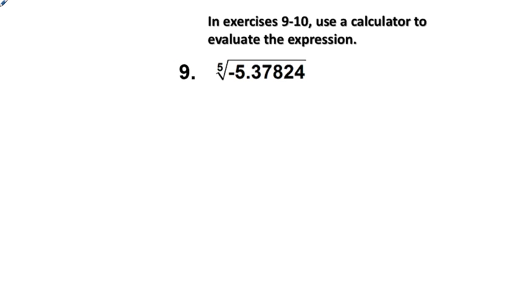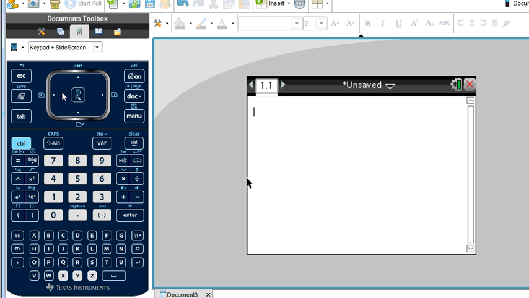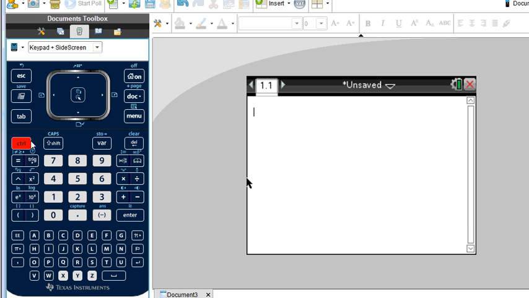Next, in exercise 9 and 10, use a calculator to evaluate the expression. So this is just an example of using our calculator. In this case, I have a TI Inspire calculator, and I press Control and this exponential key.